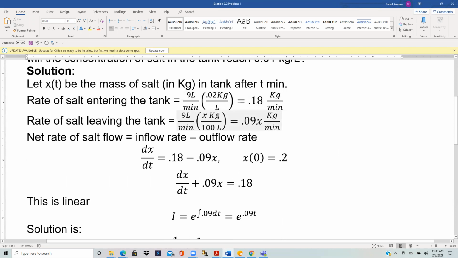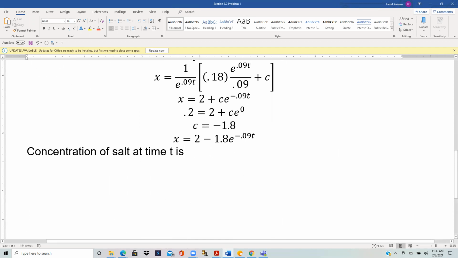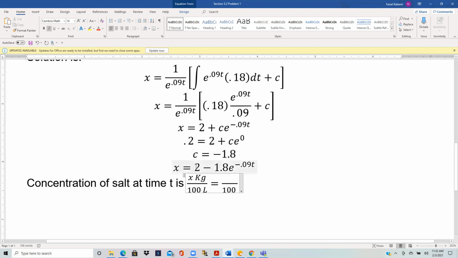The concentration of salt in kilogram per liter is x by 100. Let's copy this. It's x by 100 kilogram per liter. So when we substitute the value of x and drop the units, x over 100. And now substitute the value of x. We have this as the value of x.